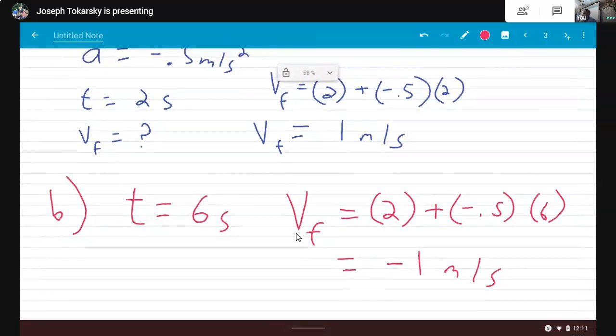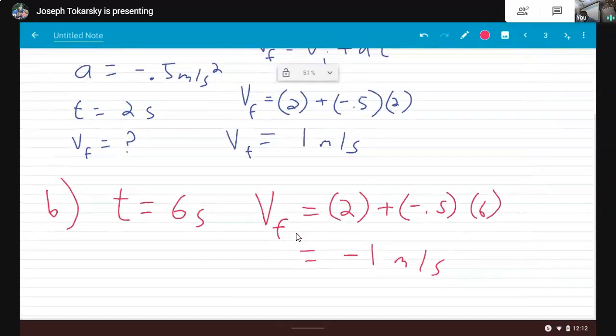Basically, all C was, by describing the motion, was just thinking about what we just discussed. Just thinking about the fact that after 2 seconds, it was on the way up, and by the time 6 seconds came around, it was on the way down. It didn't ask me to do this, but just an FYI, we may eventually run into this. It could ask a variation and ask me, how long did it take to stop?